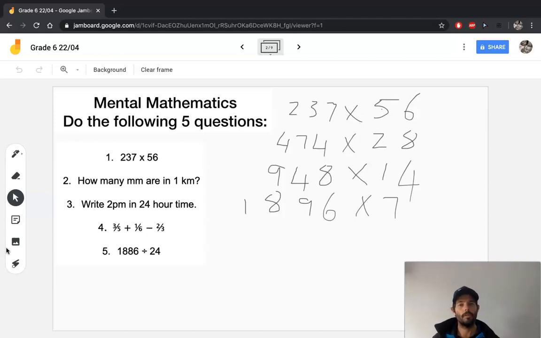For 474, I've doubled the 400 to 800, I've doubled the 74 to 148, and then I've just put them together. And the same for 948: I first doubled the 900 to 1800, and then I doubled the 48 to 96. So don't feel that you have to double the whole number at once. It's a lot easier if you break it apart and then put it back together at the end.